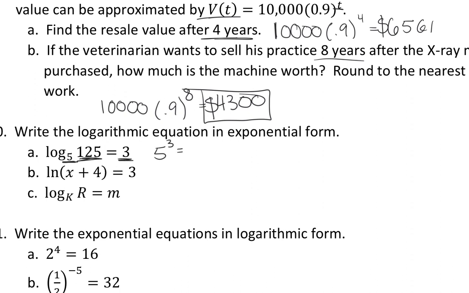So that's going to be 5 to the third is equal, which is true. Right, when we have ln, this is an understood e base, so this is the base, exponent, and then what it's equal to, so e to the third. And then base, exponent, what it's equal to.